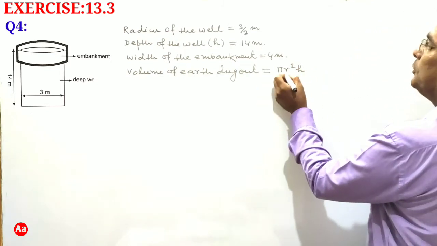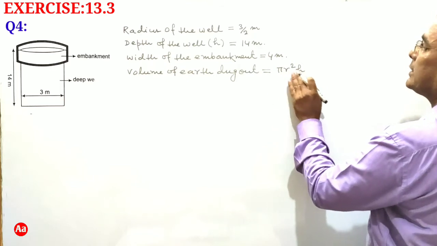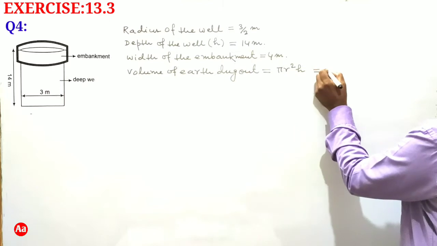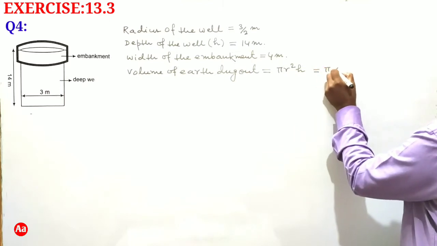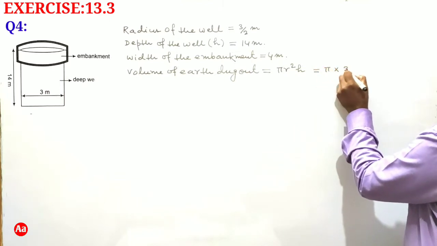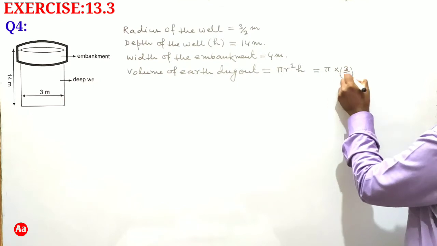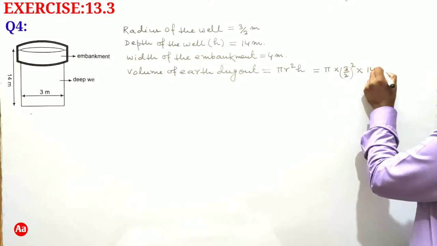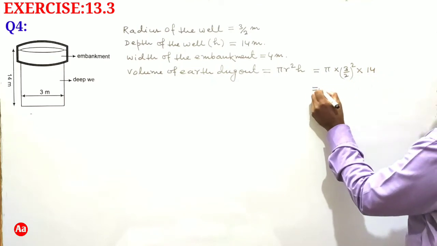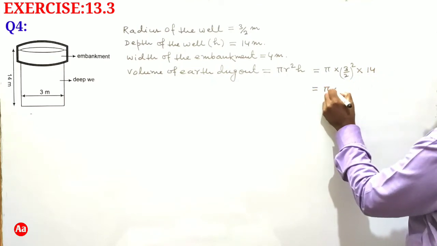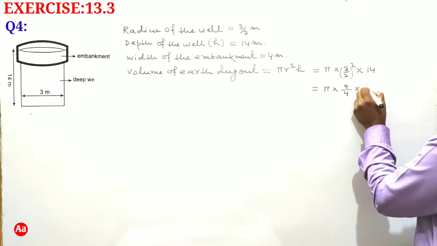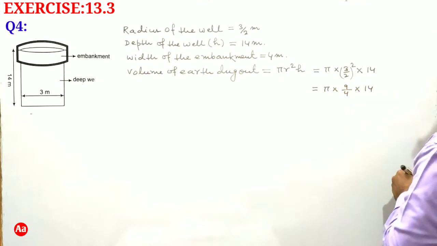If we put value of pi, radius and height, value of pi will not put, pi into 3 by 2 whole square into depth 14 meter. So this is equal to pi into 9 by 4 into 14.